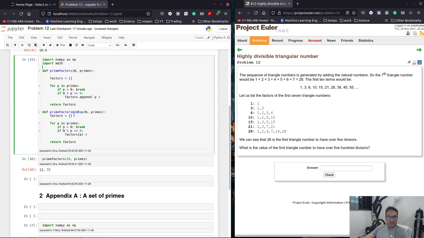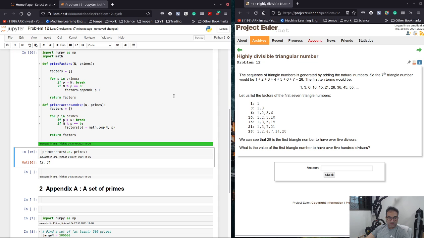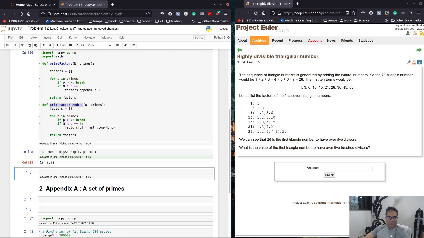Okay, factors p equals math.log, and let's take a look at 8 and 2. 8, we want prime factors and exponents, so now we should get a dictionary, and we see that for 2 there are these many exponents.